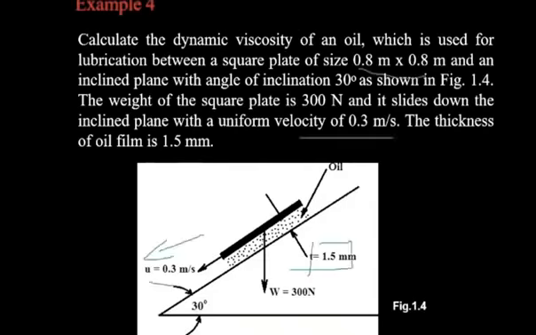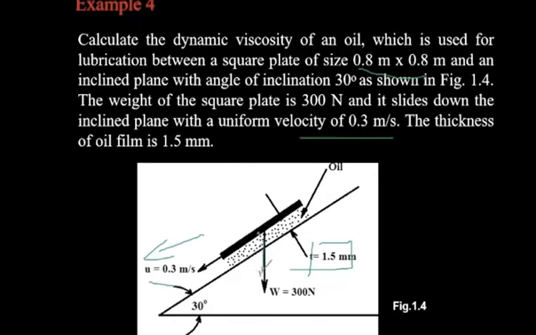So what are the given? Area of the plate 0.8 into 0.8, we'll get the area as 0.64 meter square. Then angle of the plane, so inclination theta is 30 degree. Next, weight of the plate 300 Newton. Okay, see here, 300 Newton is given.